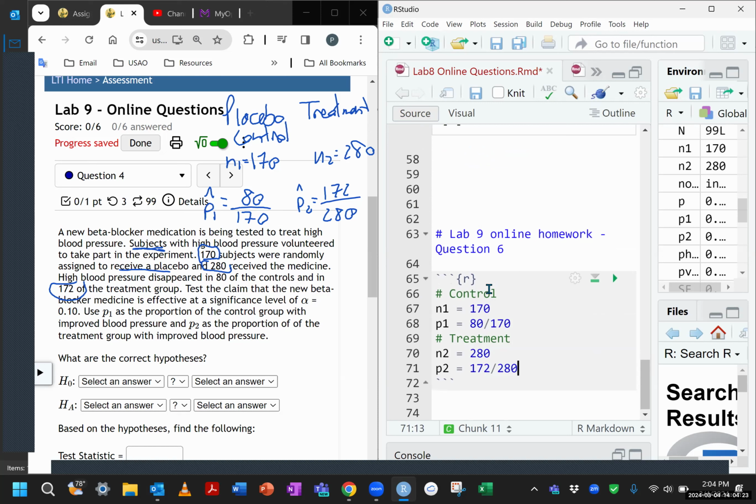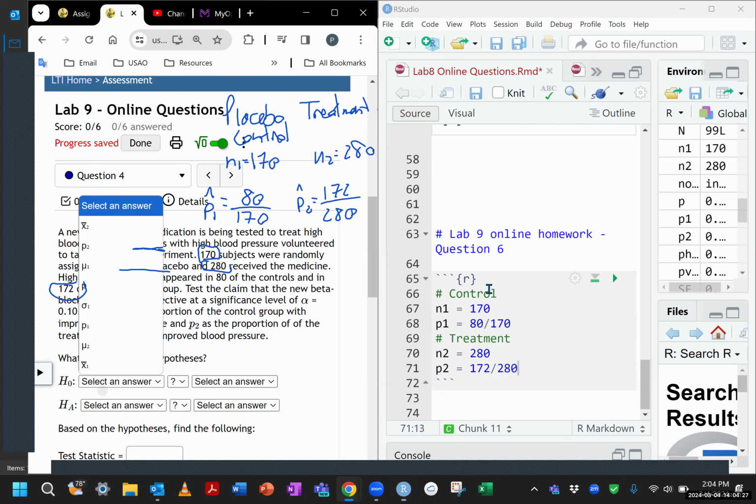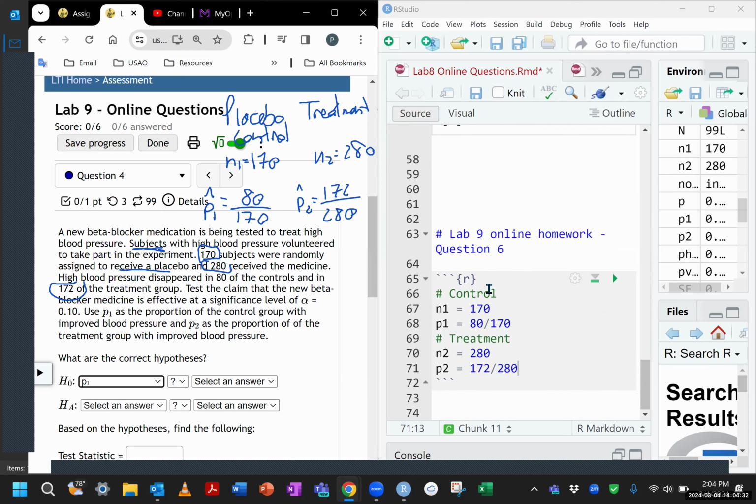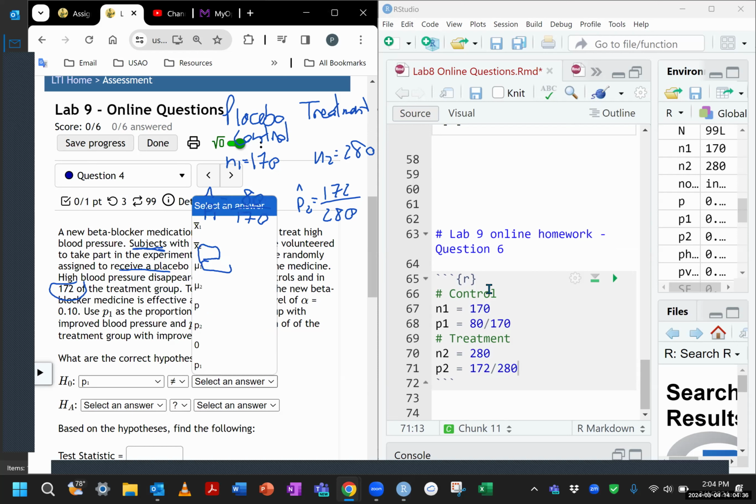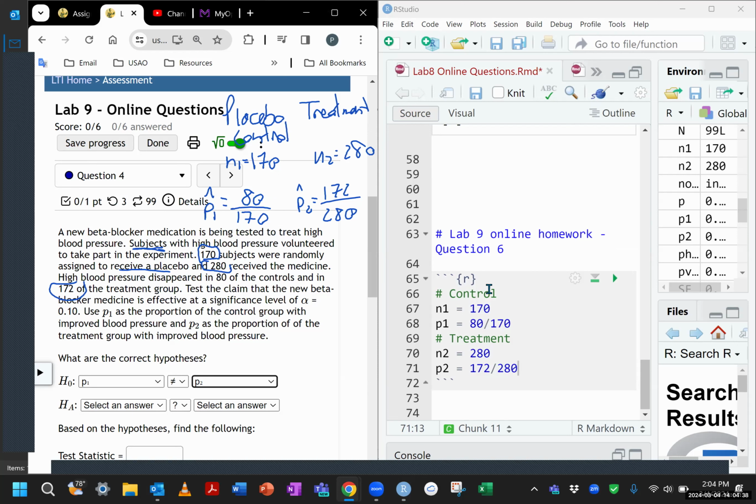So let's check what our hypotheses are. The null hypothesis is there's no difference between the two groups. So we're going to say that P1, this is in the population, is no different than P2. That's the general hypothesis. Sorry, it is equal to P2. No difference. P1 minus P2 equals 0. And we want to test the claim, I haven't read this part yet, that the medicine is effective.